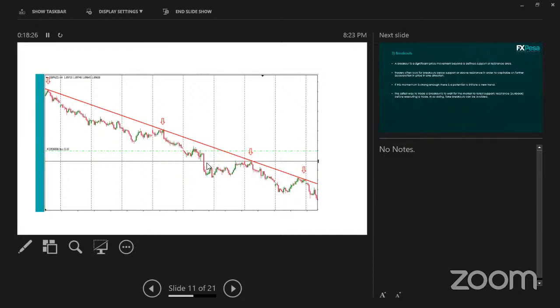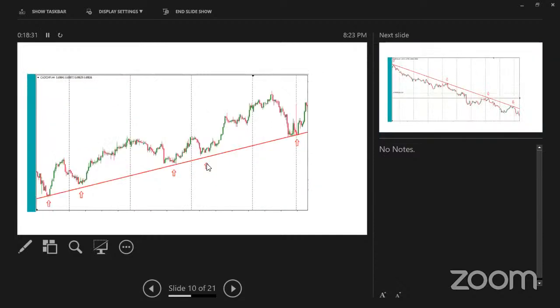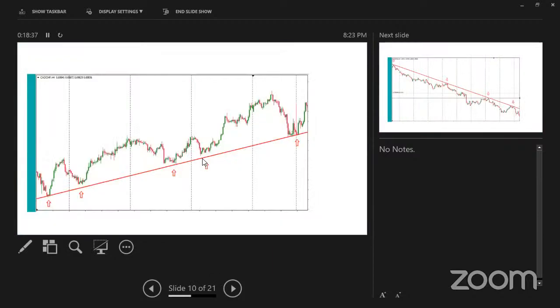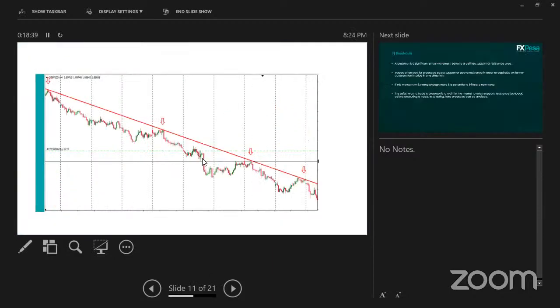So we want to see, because the market cannot be trending on a sideways movement, or it cannot also be trading on an uptrend or a downtrend frequently. So that means we normally have something we call a breakout or break of structure. So if the market broke this structure of a downtrend, what are you going to do?